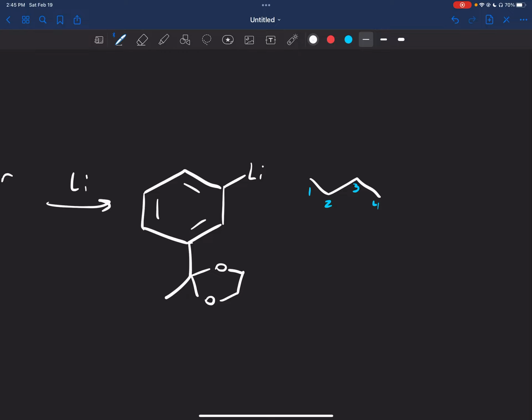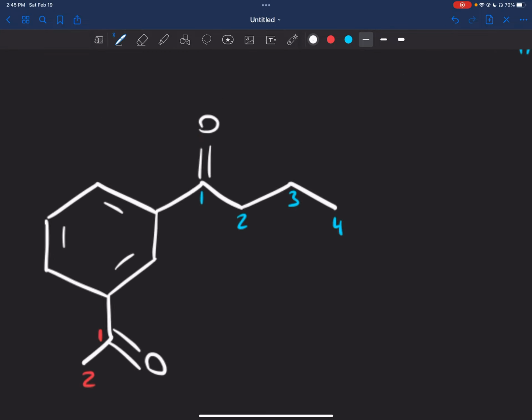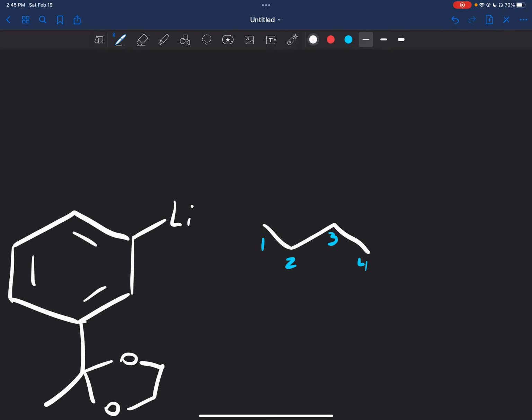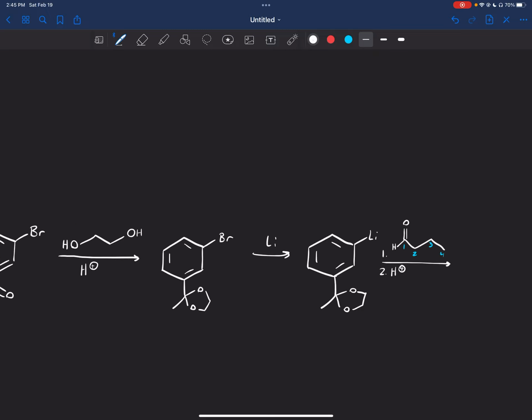Now remember, organolithiums react with carbonyl compounds. The carbon we are connecting to is number 1, so that carbon should have a double bonded O. And we got to number it. So step 1 and step 2 with some form of acid.